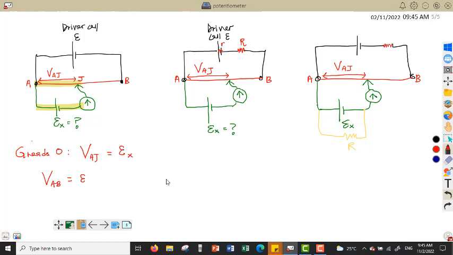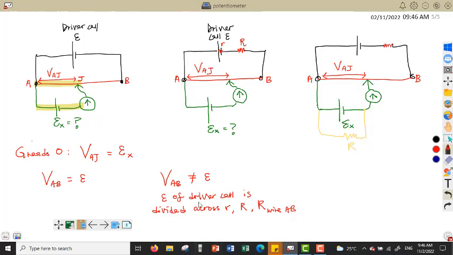At that time, our voltage across the whole wire will not equal to the EMF of the driver cell, because the EMF of the driver cell is divided across the internal resistance in the driver cell, the external resistor R, and also the resistance of the wire AB.